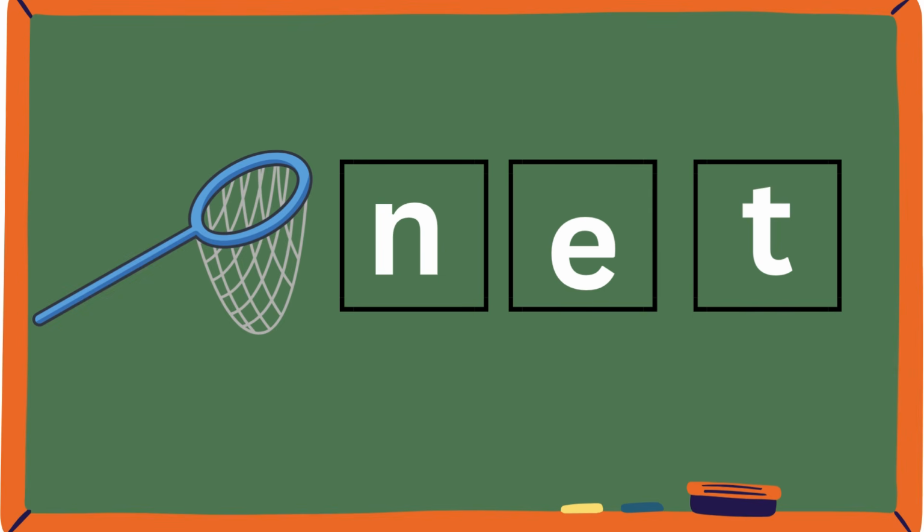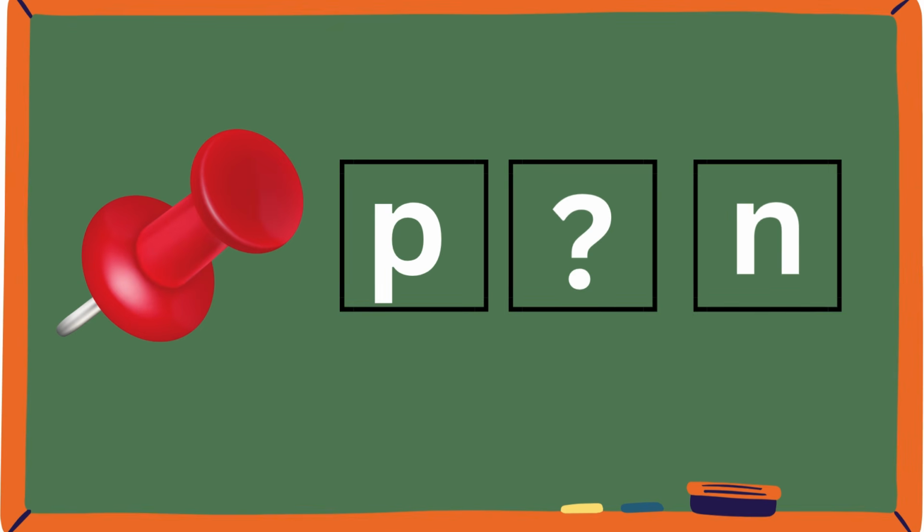Let's move on to the next one. P-N. Okay, so the picture, it looks like it shows a pin. Yeah, is that what it is? Yeah? Okay. So, we need a letter that makes the I sound. Say it with me. I. I. I. Yes.